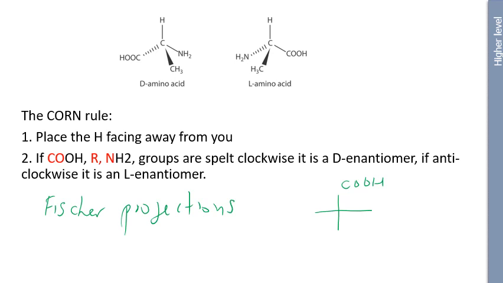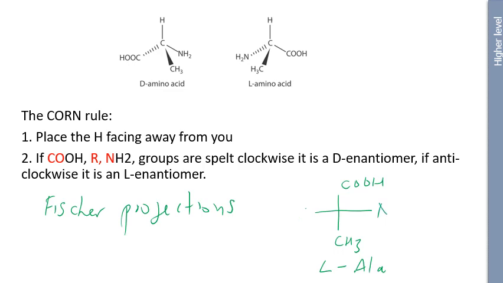Okay, so if we had NH2 here and an H here, and the only thing left is methyl for alanine. This would be the example of L-alanine. Okay, and therefore for D-alanine you just swap these here.